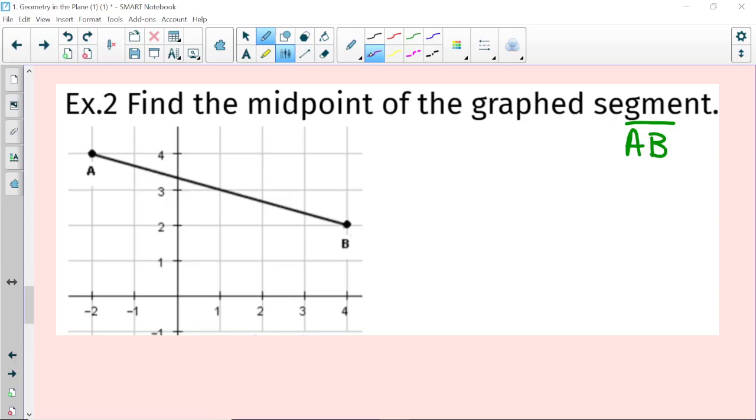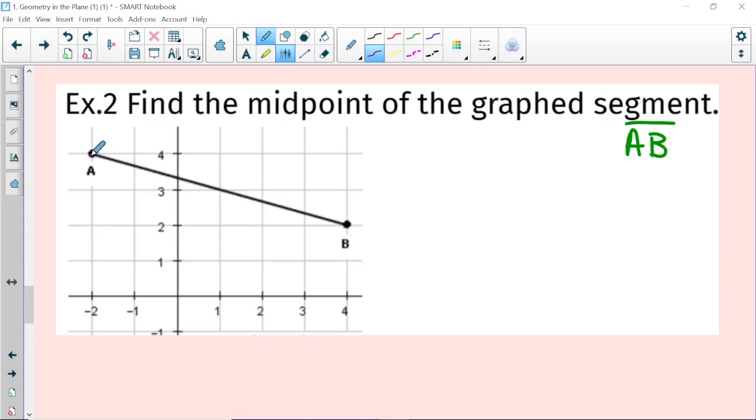So from A to B, we want to find out how much we are rising, and then how much we are running. So from A to B, how much do we have to go up or down? You can count using your bubbles on your sheet. Remember, slope is rise over run. Which one's on top, X or Y?